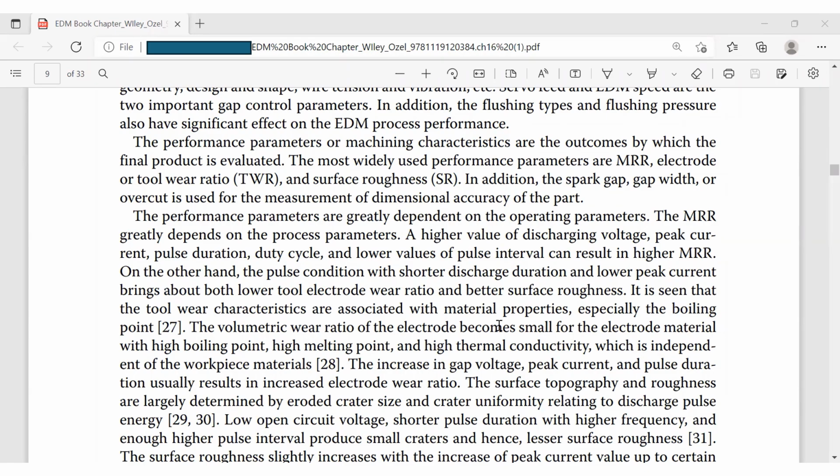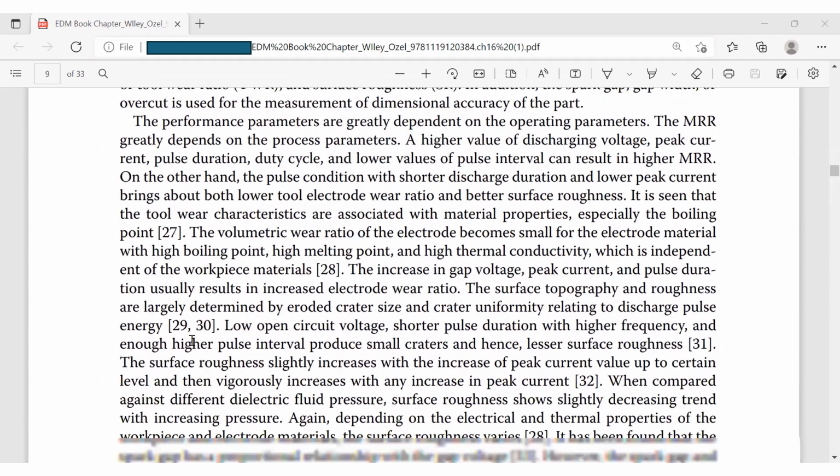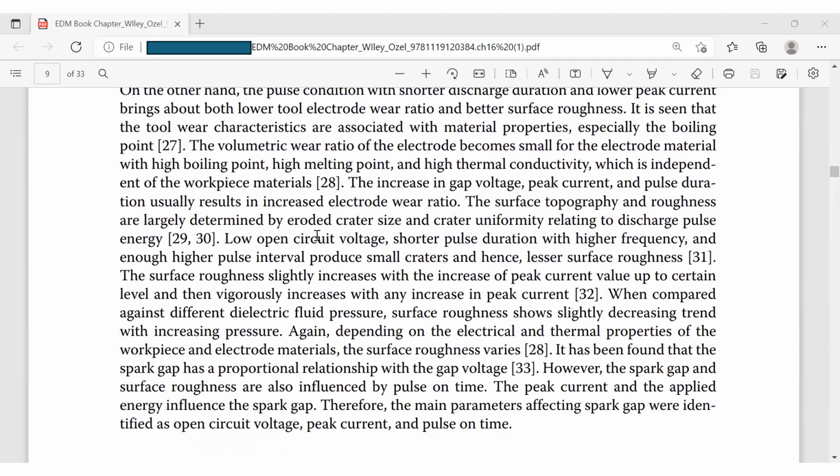It is seen that the tool wear characteristics are associated with material properties, especially the boiling point. There are a lot of other things. The volumetric wear ratio of the electrode becomes small for electrode material with a high boiling point, a high melting point, and high thermal conductivity, which is independent of the workpiece material.